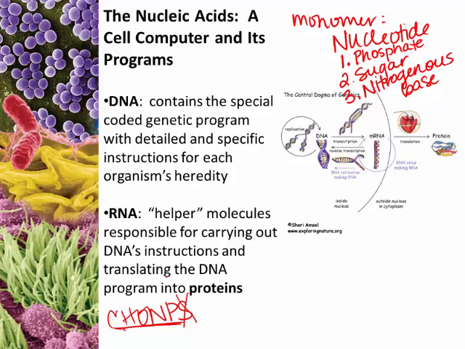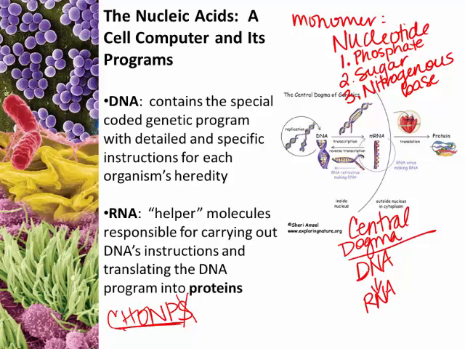Now, the importance of DNA and RNA lies in this, and this is one you definitely want to remember. This is the central dogma of biology, or central dogma of genetics: DNA will be used to produce RNA, and RNA will be used to produce proteins.